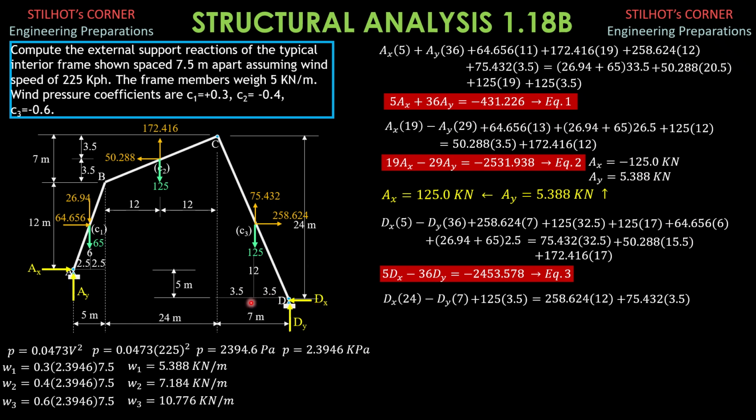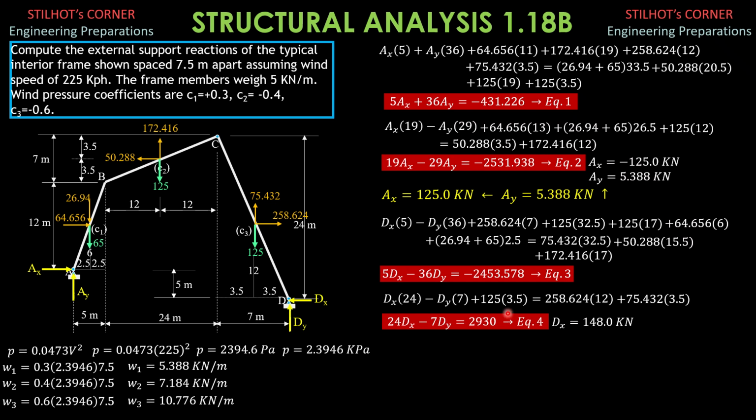Then considering portion CD, we sum up moments about this interior hinge C equals 0, clockwise positive. So we have DX times 24 minus DY times 7, then plus 125 times 3.5, then equals 258.624 times 12 plus 75.432 times 3.5.